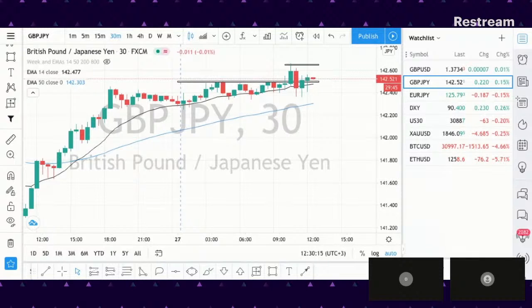If price moves up to 142.7, I'll move my stop loss to break even, like yesterday. That is a risk management tool. My analysis is that price is going to break up to 144, so I might decide to hold my trade today until Friday.